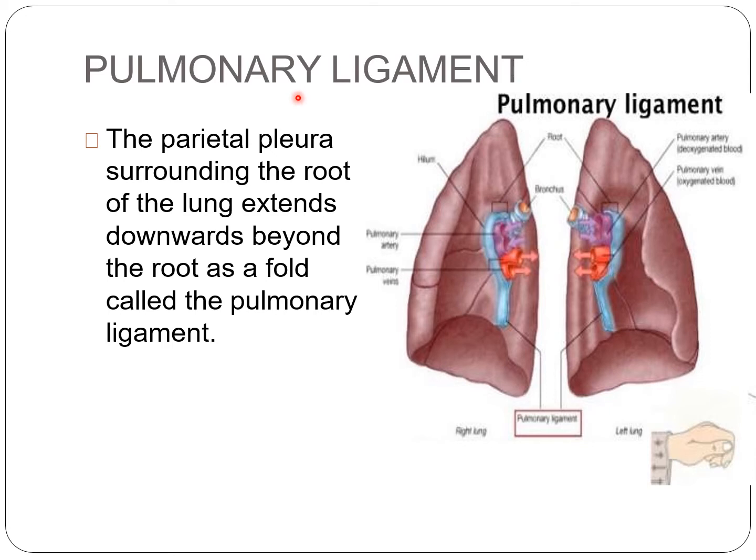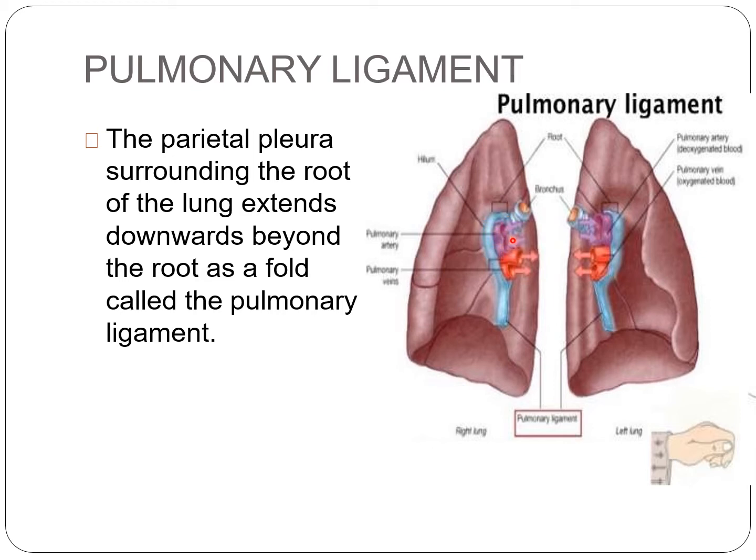What is the pulmonary ligament? The parietal pleura surrounding the root of the lung extends downward beyond the root as a fold, and that is called the pulmonary ligament. This is the pulmonary ligament. Here you can see the hilum. The hilum is the area in which we can see the different structures.